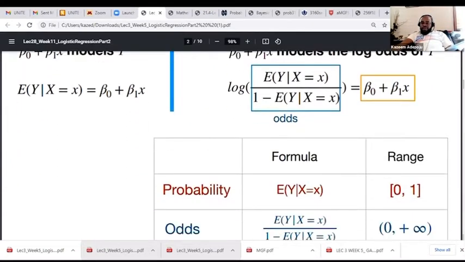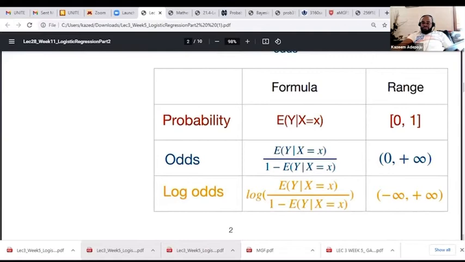There's another thing I want to talk about. It's going to be advisable to look at the three things in logistic regression that are very, very important: the probability, the odds, and the log odds. You remember in the last material, I said the three of them are going to be in the same direction.